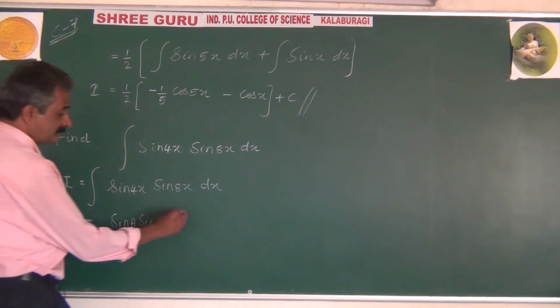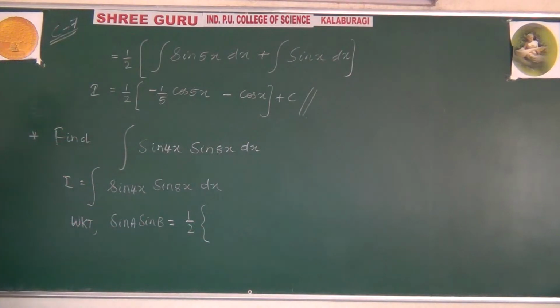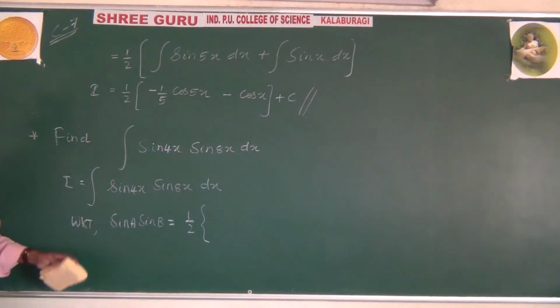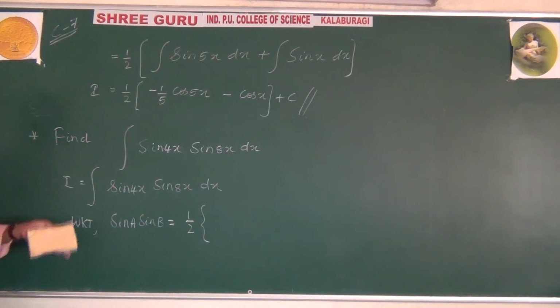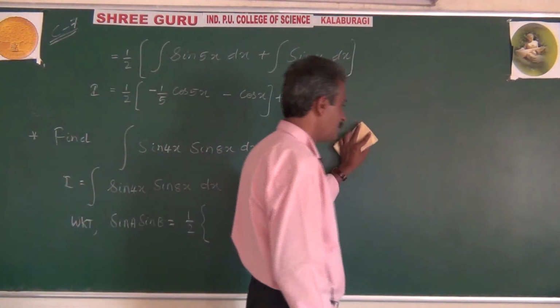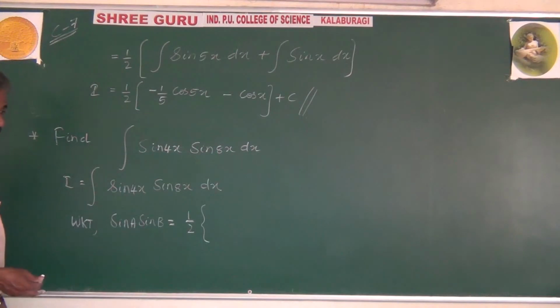I am writing the plus form, 1 by 2. If it were the plus formula, it becomes cos of A minus B minus cos of A plus B. If it is taken as the minus formula, it becomes 1 by 2 cos A plus B minus cos A minus B. Any one can be applied. Choice is anybody's opinion.